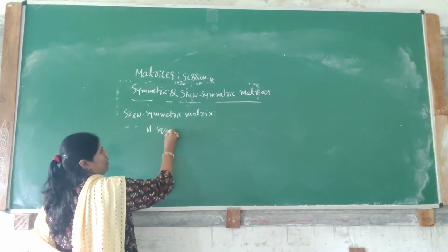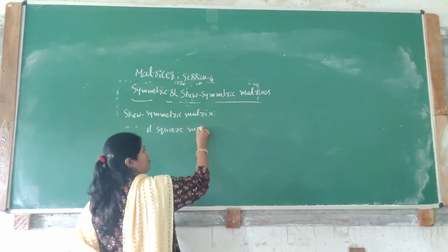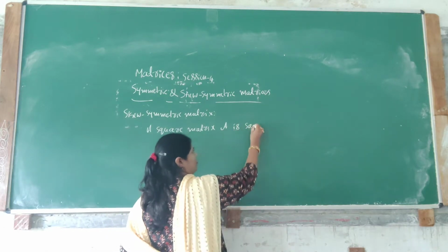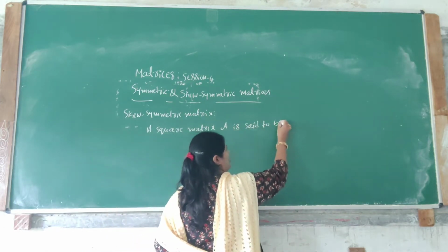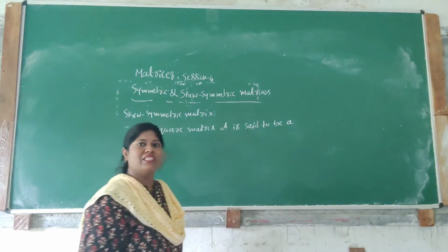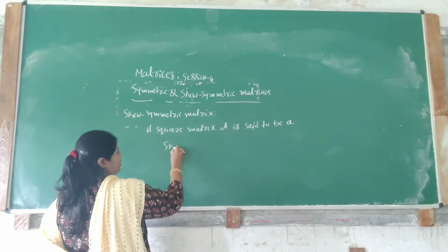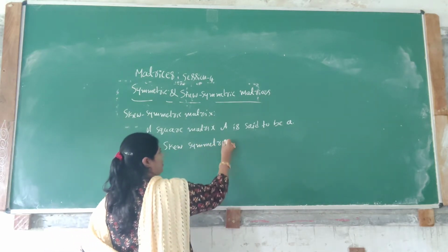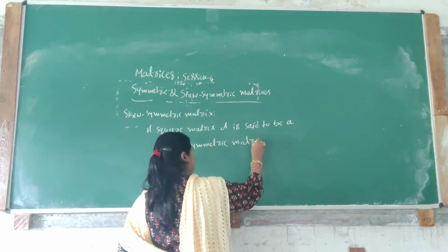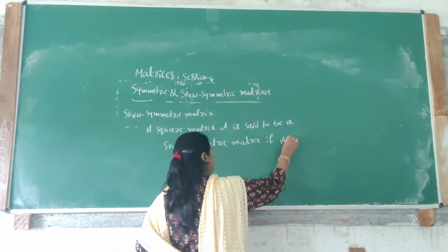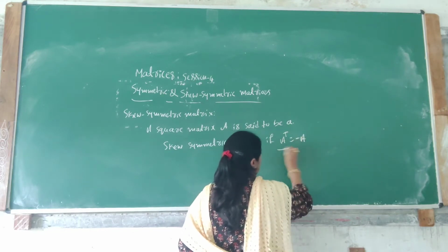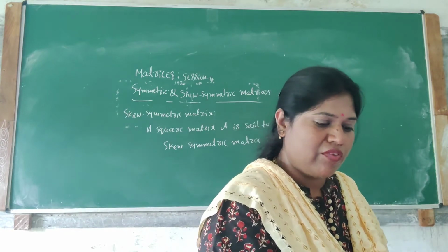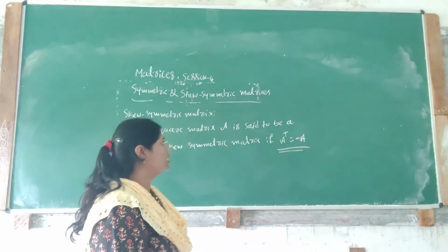A square matrix A is said to be a skew symmetric matrix if A dash is equal to minus A.